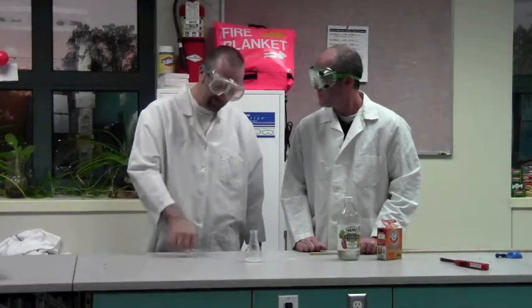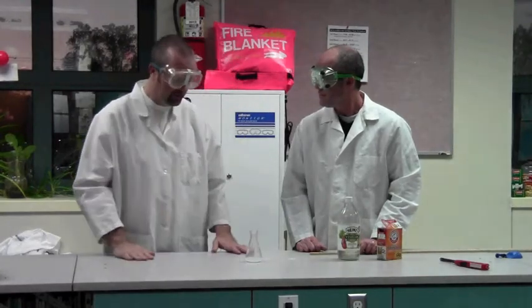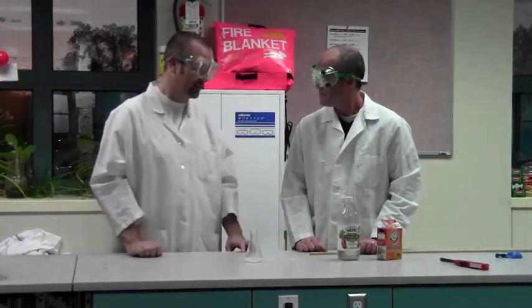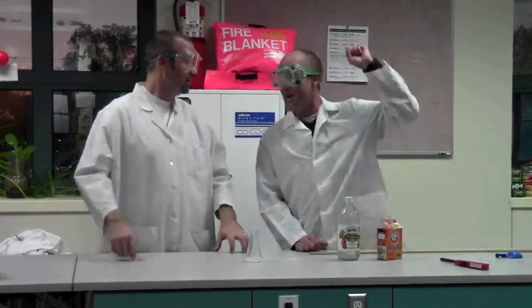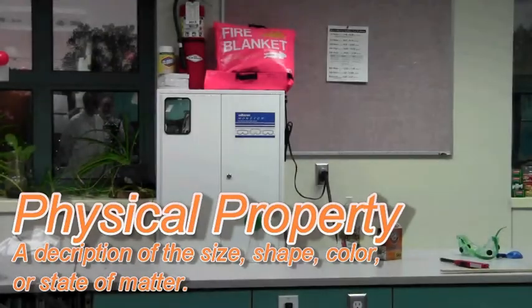Cool. You think you got most of this, Mr. Brown? I think so, but like usual, I think we better help these students and me out. Let's review! A physical property is the description of an object's size, shape, color, or state of matter.